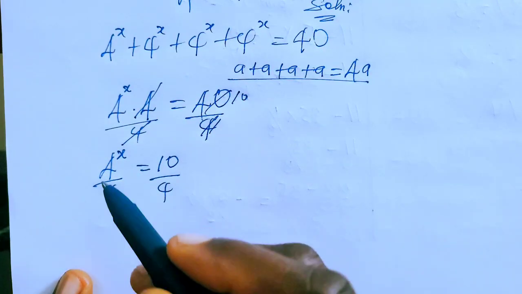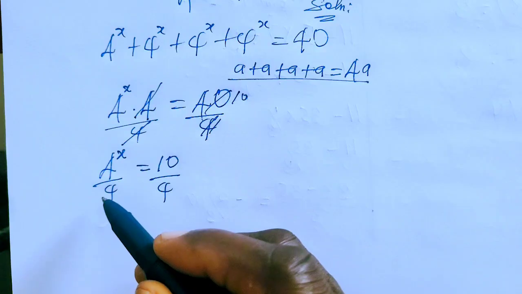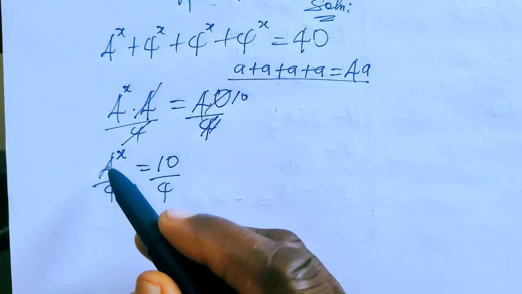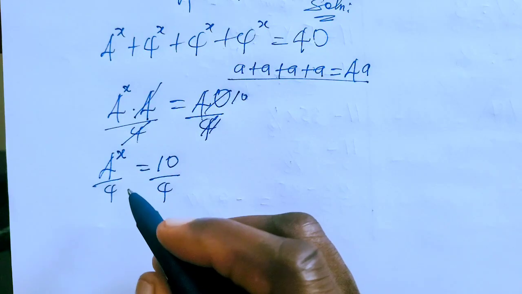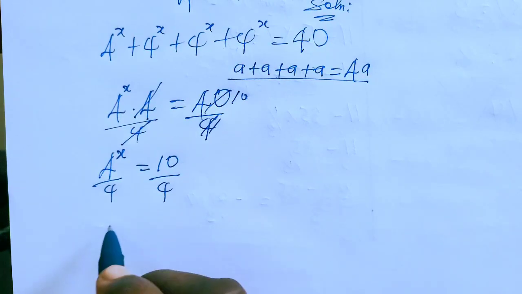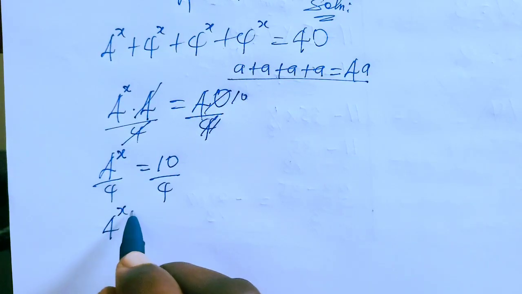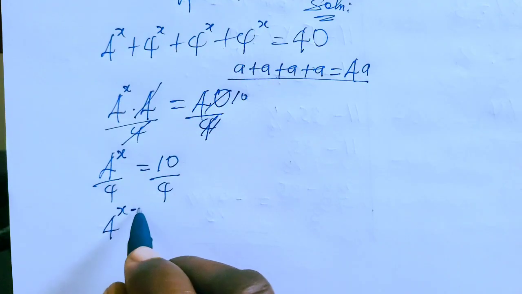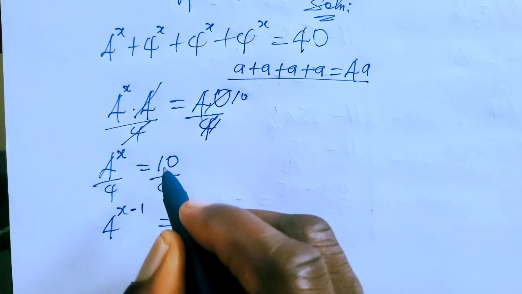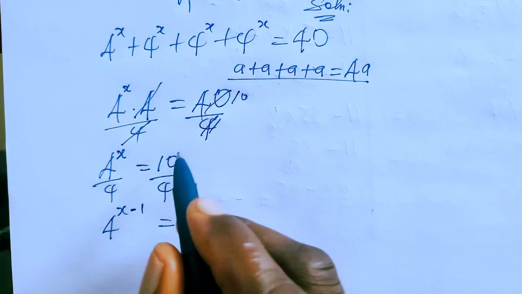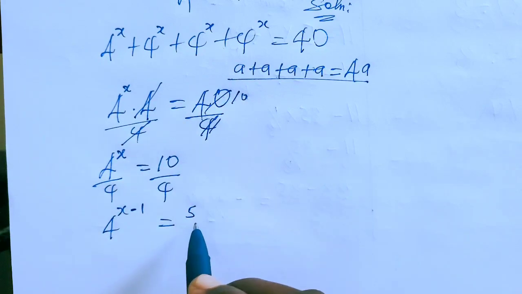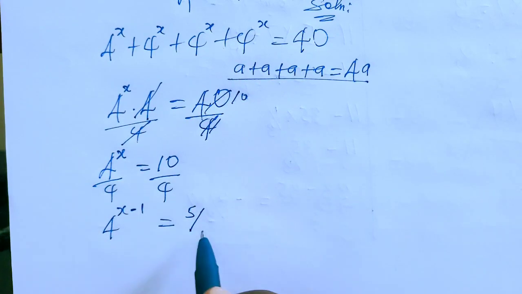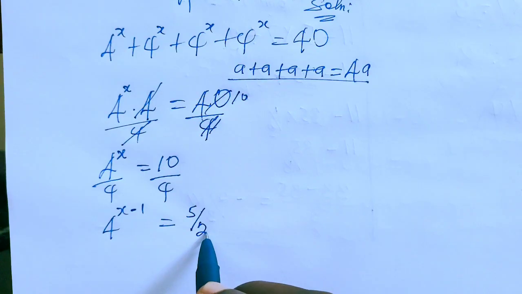In division of indices, we subtract the powers when the bases are the same. Therefore, at this point, I'm going to have 4 to the power of x minus 1 equals, reduce this by 2, the numerator 10 divided by 2 will give us 5, then all over 4 divided by 2, that gives us 2.